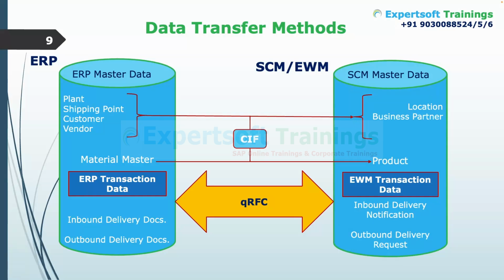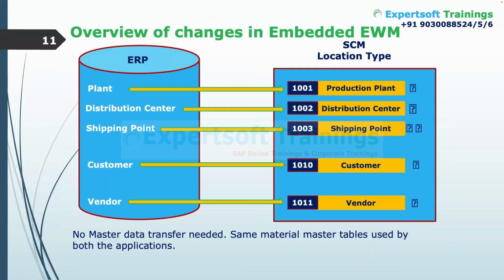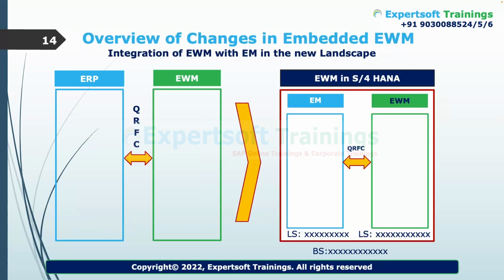Via that, both your S4 HANA and your EWM system will take that information from the central table. So you don't have to shift your master data. However, this EWM is still treated as a separate logical system for transferring your transactional data. That's why they have still kept QRFC.